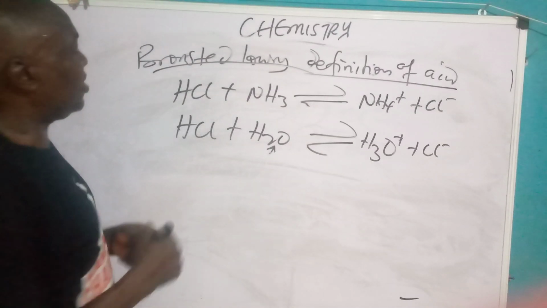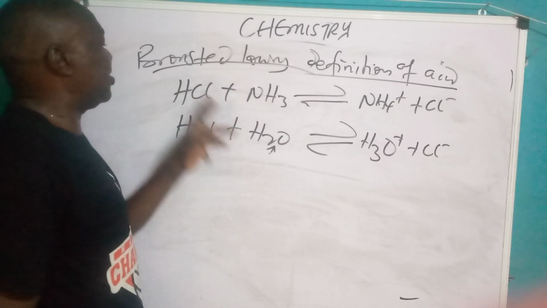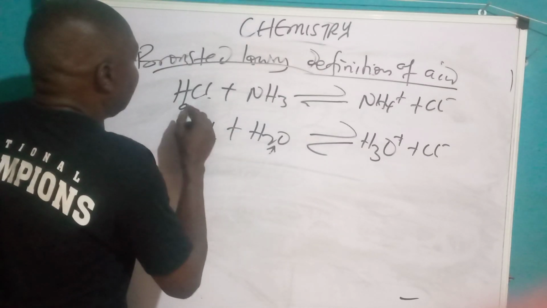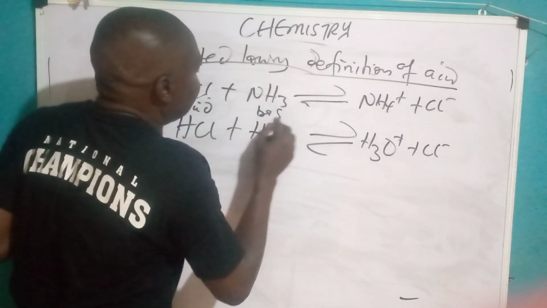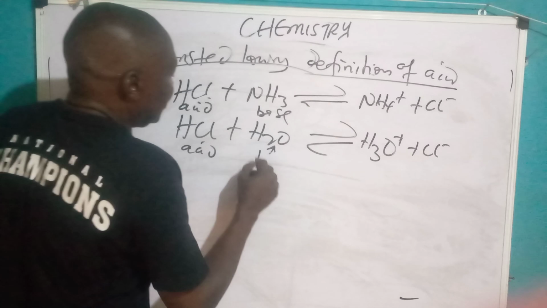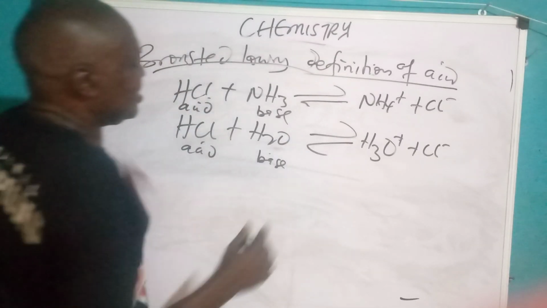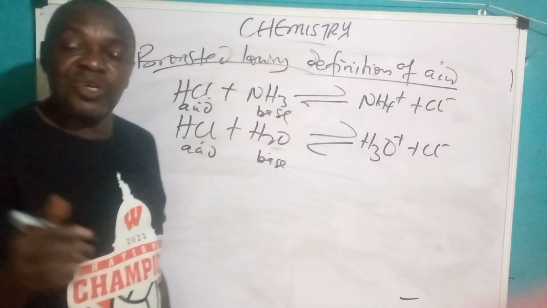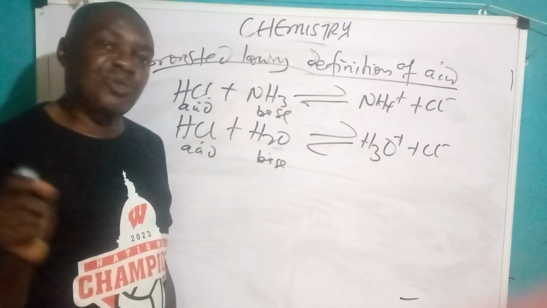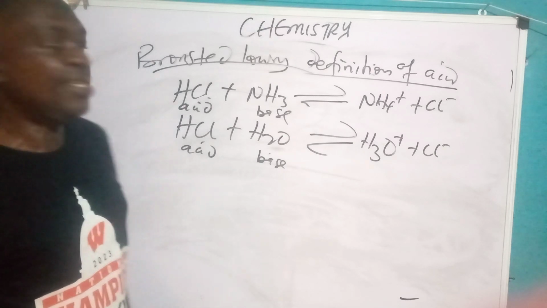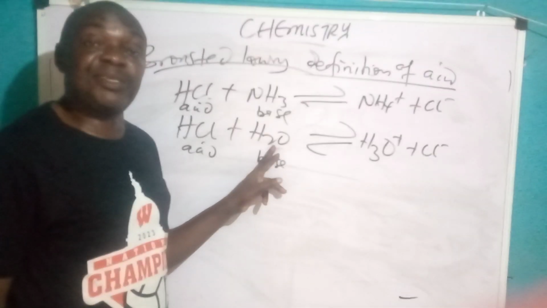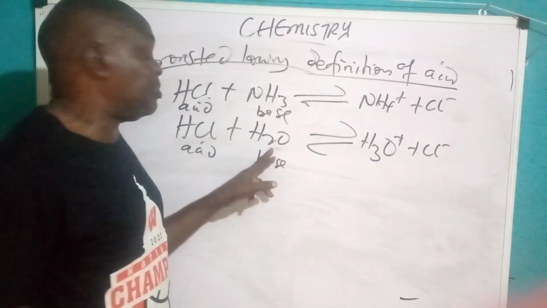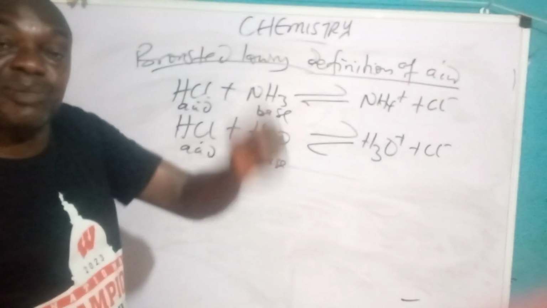So these two definitions are definitions given by Bronsted and Lowry. An acid is a proton donor. It has donated a proton to this, so making this one an acid and this one a base. But some of you will be asking, how can we say water that is a neutral solution? Because in one of our videos, we used the red and blue litmus paper to touch water, and it did not produce any color change. How then are we now referring to it as a base? In this regard, based on the Bronsted-Lowry definition, it is a base because it's capable of accepting a proton.